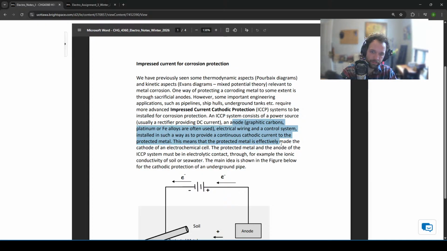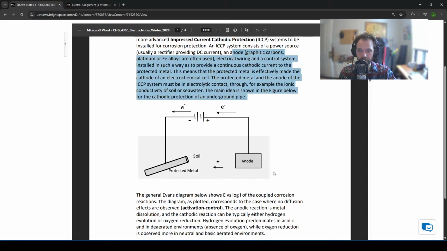This means that the protected metal is effectively made the cathode of an electrochemical cell. The protected metal and the anode of the ICCP system must be in electrolytic contact through, for example, the ionic conductivity of soil or seawater. The main idea is shown in the figure below for the cathodic protection of an underground pipe.